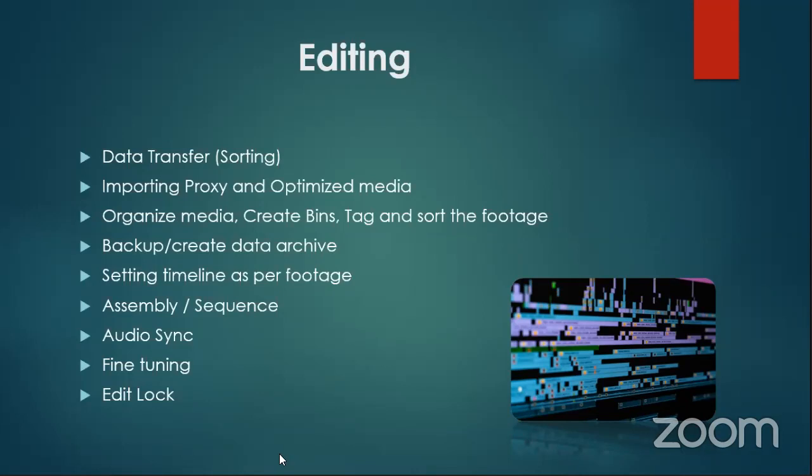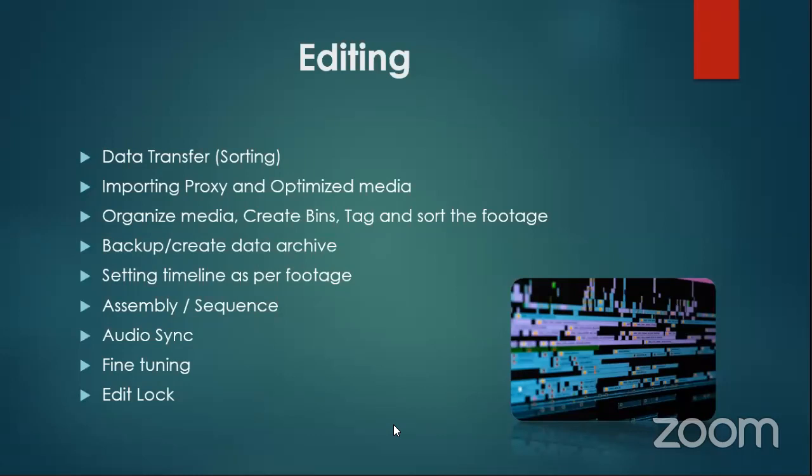If you're shooting with heavy cameras, for example the Red, you can do onset color correction, and that should not be lost. So basically it's the DIT's job to manage the whole production workflow so that it can help post production.